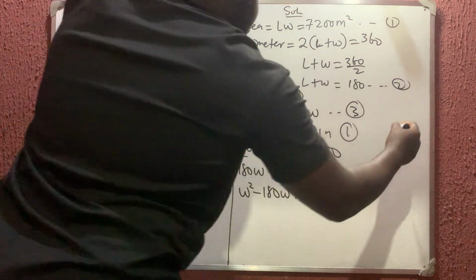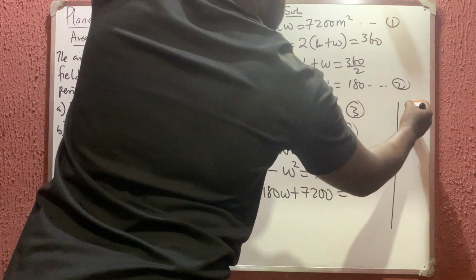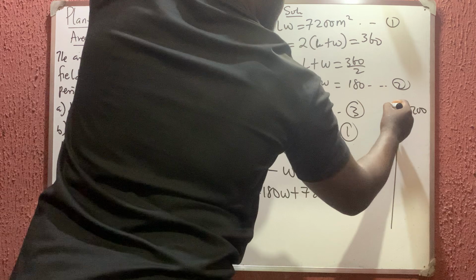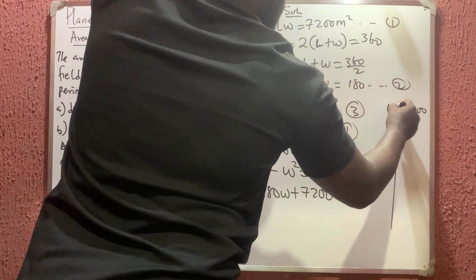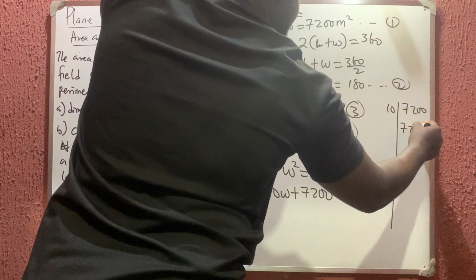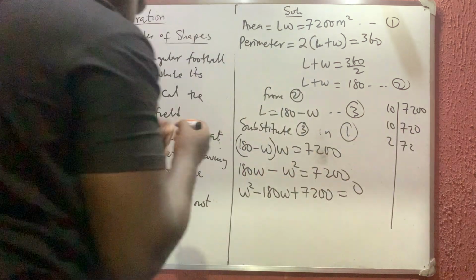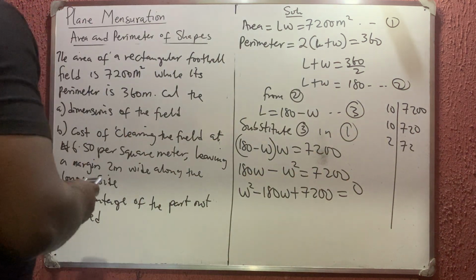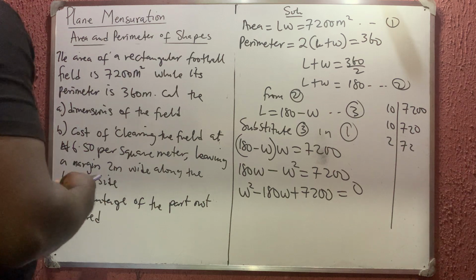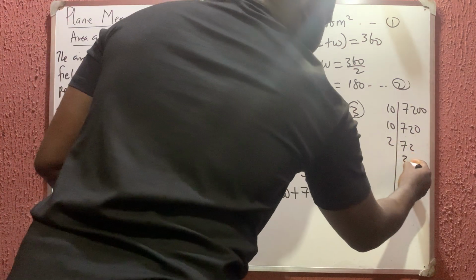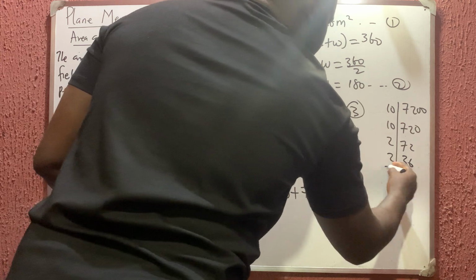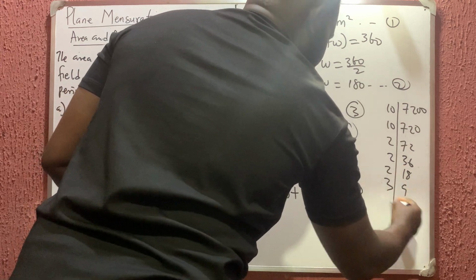So let us check. This is 7,200. So 10 divides 720, 10 again divides 72, 2 divides 72 to give 36. 2 divides 18, 2 divides 9, 3 divides 3, 3 divides 1.